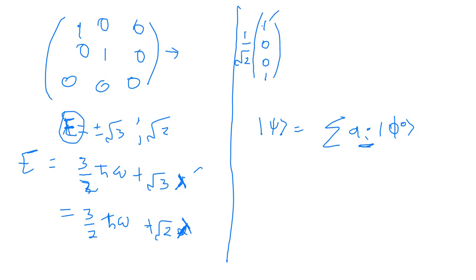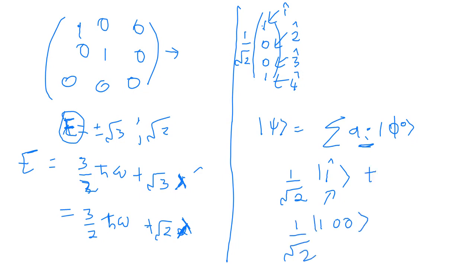And by your labeling, this is what I called 1 hat, this is 2 hat, 3 hat, and this might be 4 hat. So this thing here, you just read off what that number will be. So it's 1 over square root 2 of the 1 hat vector, and this 1 hat vector was 1, 0, 0.